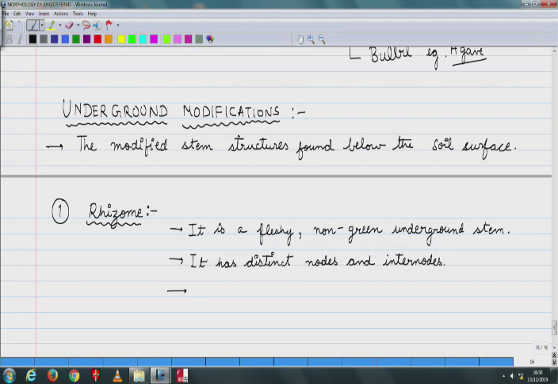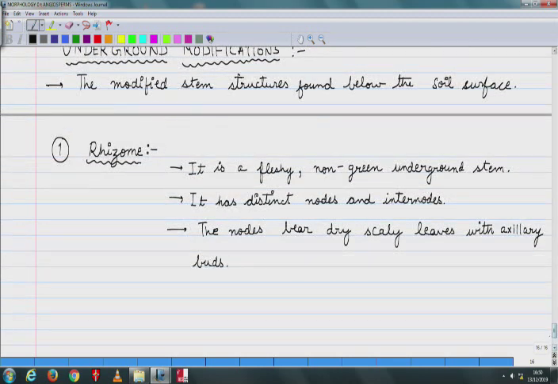You can say the nodes bear dry scaly leaves with axillary buds.